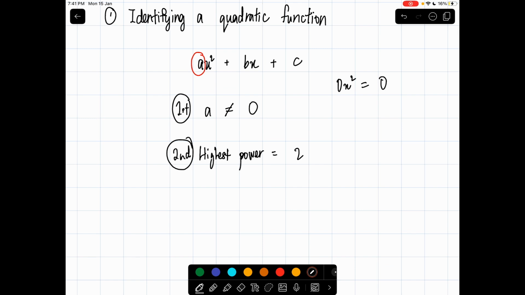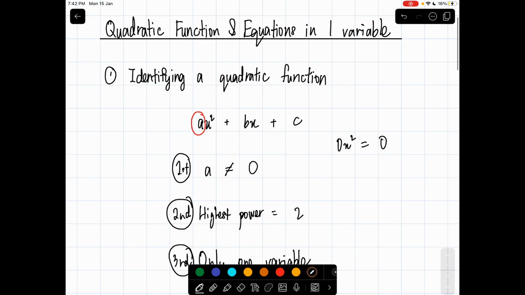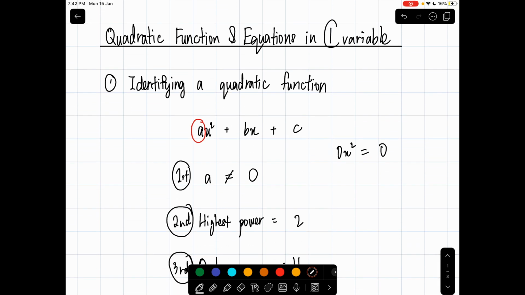And then the third one we have is, it must only have one variable. This one is kind of self-explanatory because the chapter's title is in one variable.